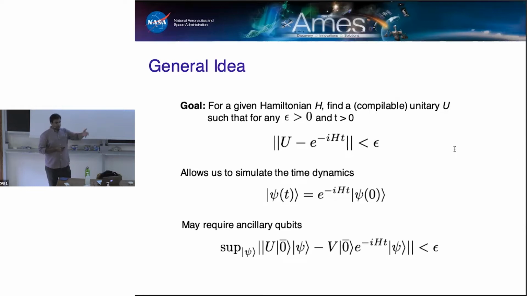The methods that I will discuss today can be extended to handle the case of time-dependent Hamiltonians, but for simplicity, we will only consider the time-independent case. In that case, Schrödinger's equation simply tells us that the future state of the system, psi of t, is given by e to the minus iHt times the initial state. So the whole problem of quantum simulation essentially boils down to finding some unitary approximation to that basic unitary e to the minus iHt.